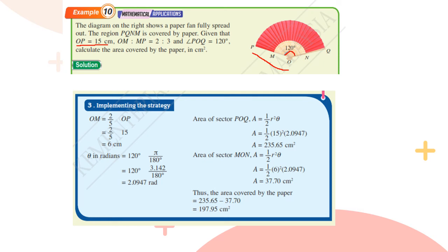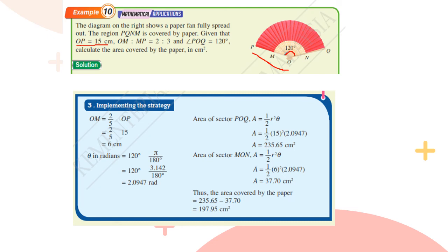So in this question, we need to find the area of the red paper. To find the area of the red paper, we need to find the area of the sector for the whole paper fan minus the area of the sector which is brown in color, sector MON. First, to find the area of MON, we need to find the length of the radius.